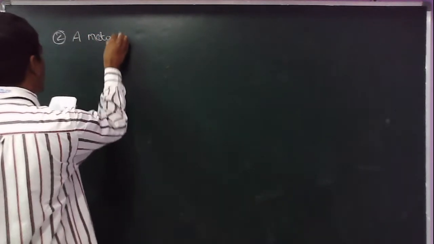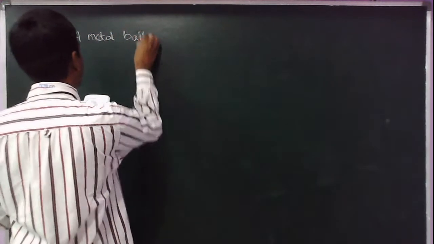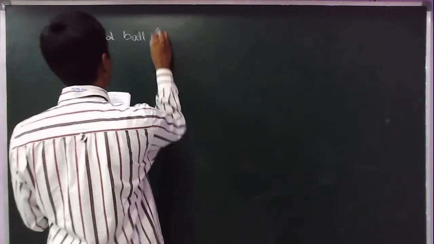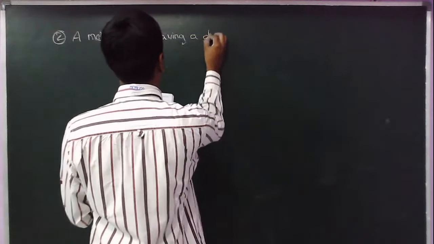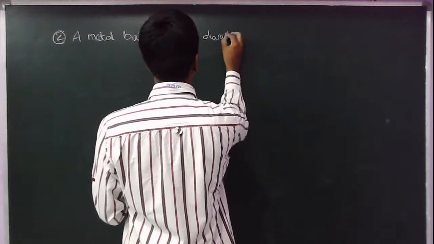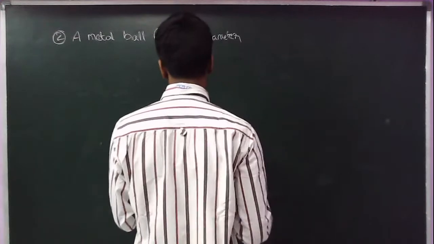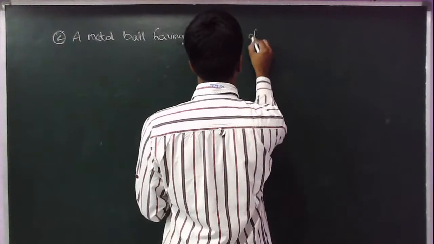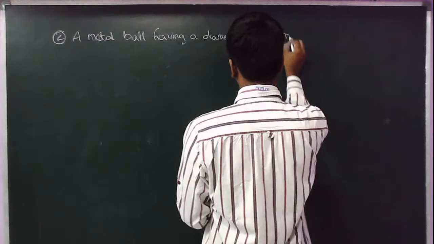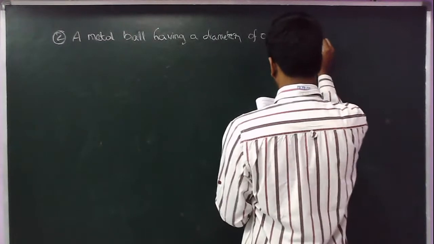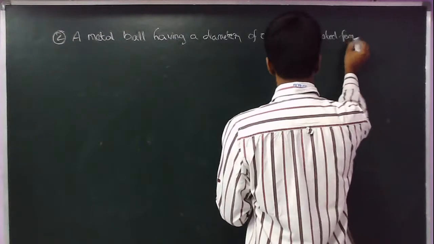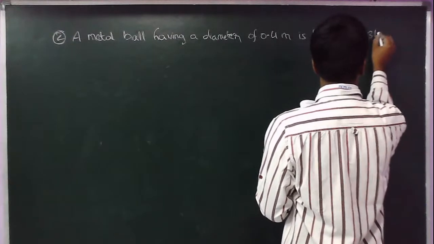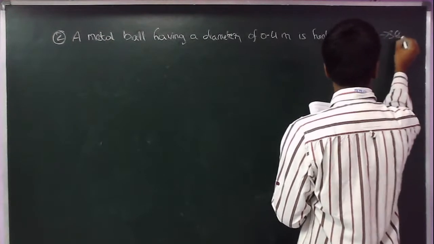So there is a metal ball having a diameter of 0.4 meters, heated from 273 kelvins to 360 kelvins.